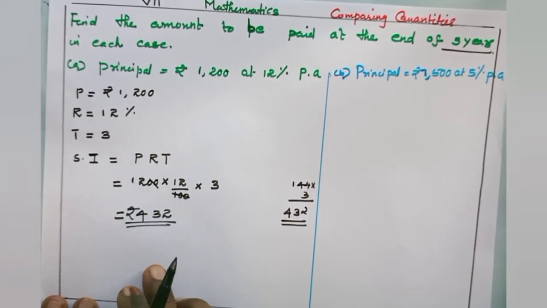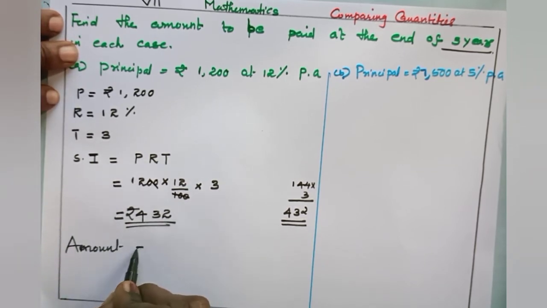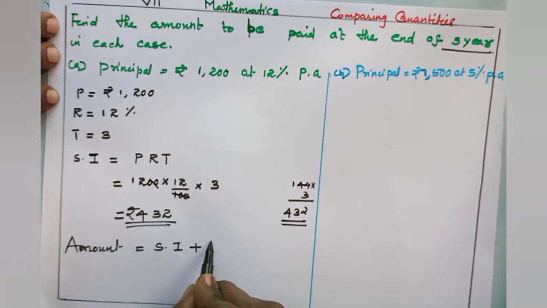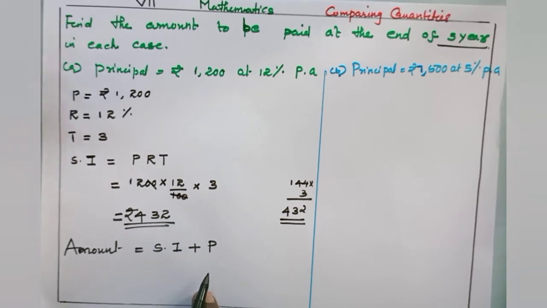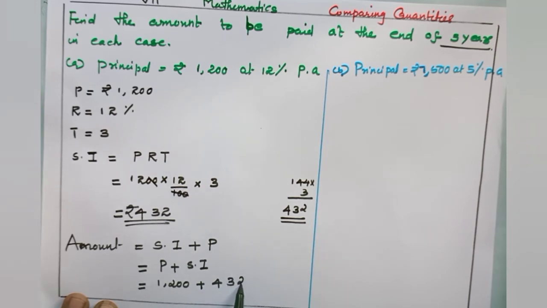Then we want to find out the amount. So amount is equal to simple interest plus principal, or principal plus simple interest. So principal is 1,200 rupees plus 432.